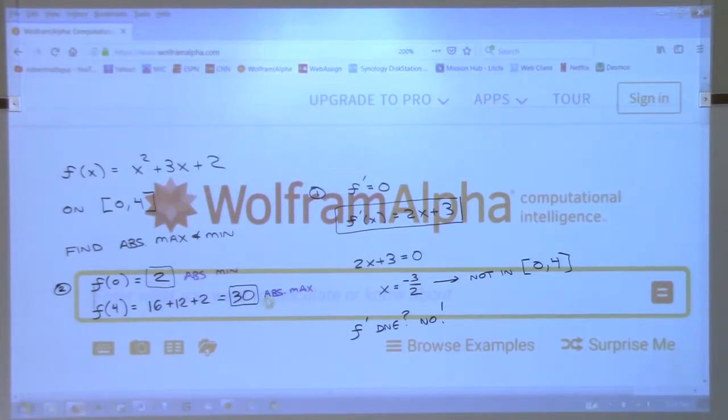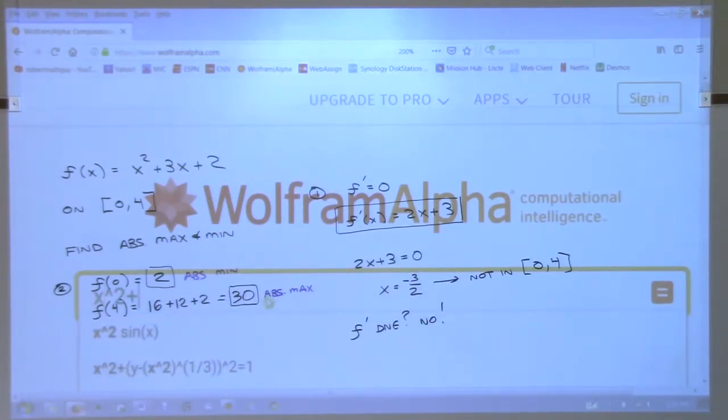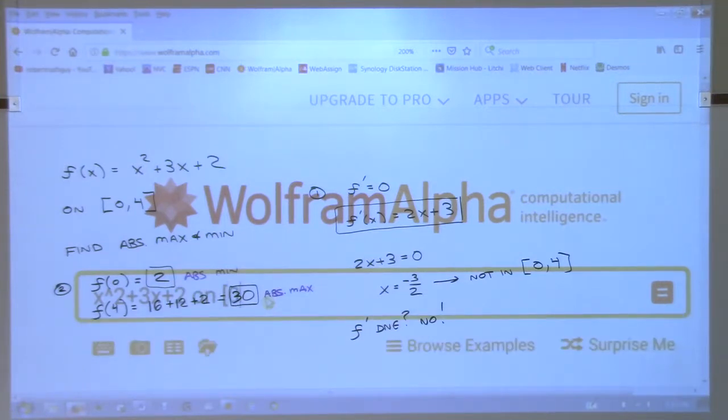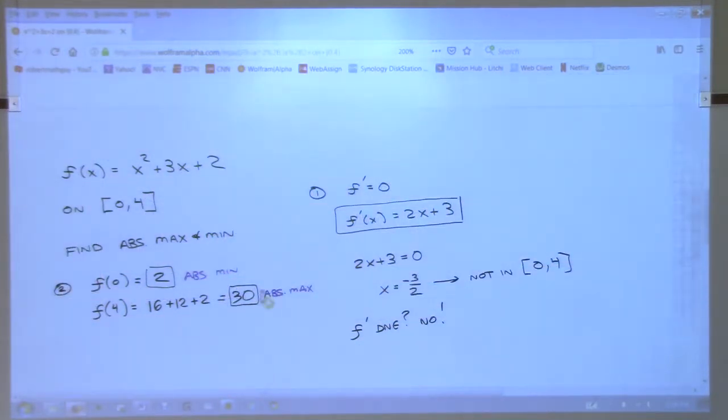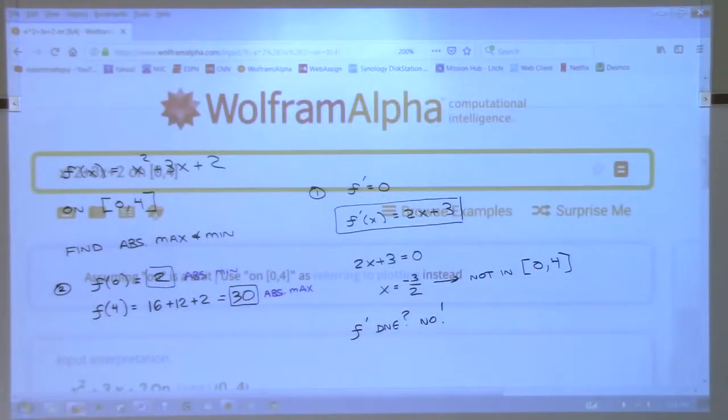Okay. Try this. Wow. Wolfram was supposed to be smart. I really do think there's a network problem right now.